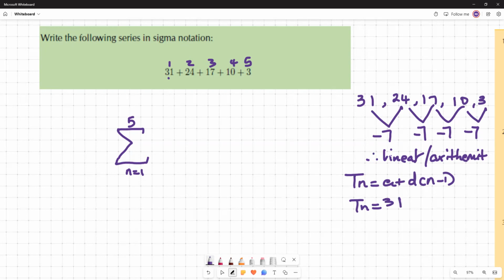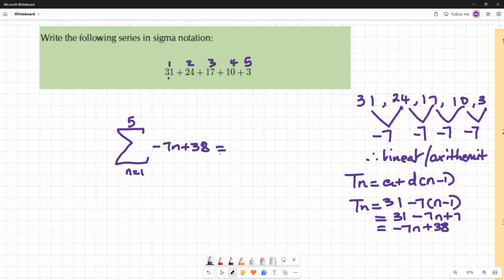The d is the difference, which is -7, then n minus 1. Then we need to simplify, which is 31 minus 7n plus 7. So you have -7n plus 38, because 31 plus 7 gives you 38. So you write -7n plus 38, right?